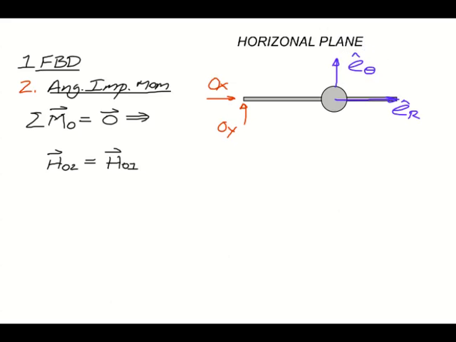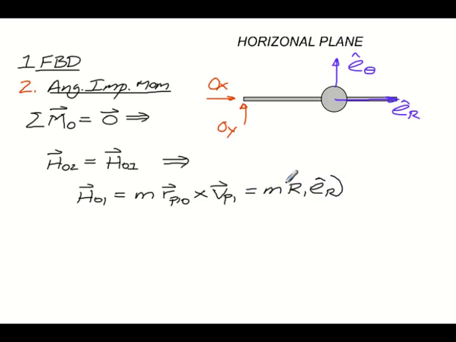And so whenever I write down my angular momentum at 1, HO1, that's always R cross MV. And so R in this case is just this radial distance R1 in the direction ER, crossed with the initial velocity.